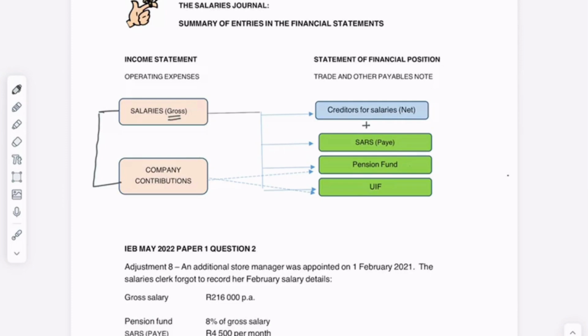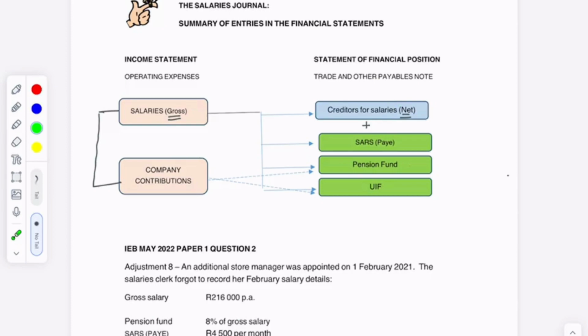Turning our attention now to the trade and other payables note. What we've got, first of all, is creditors for salaries, and that is the net salary. So let's just recap there. Under your expenses, you are going to have the gross salary, but under trade and other payables, we've got the net salary.